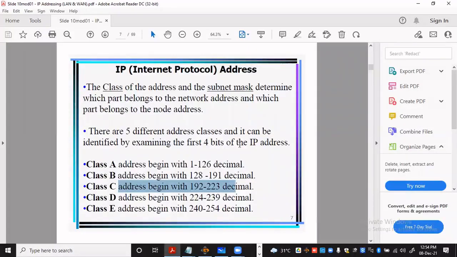Now, if you notice, class A, we had it starting from 1 to 126. So it's missing 127. That's the only missing address. It's missing because 127 is reserved as a loopback IP address for testing only.